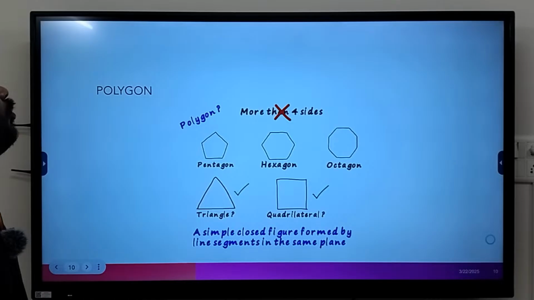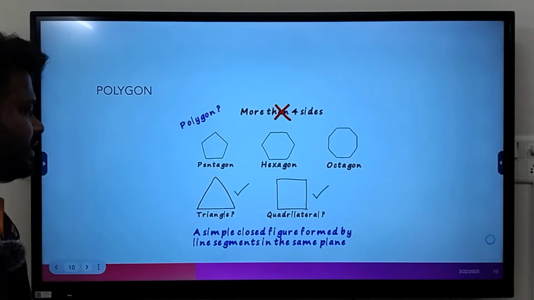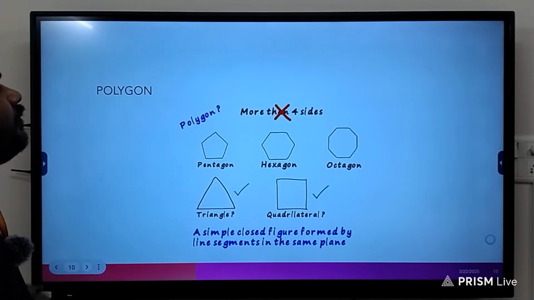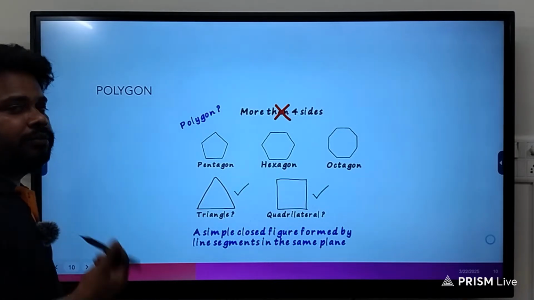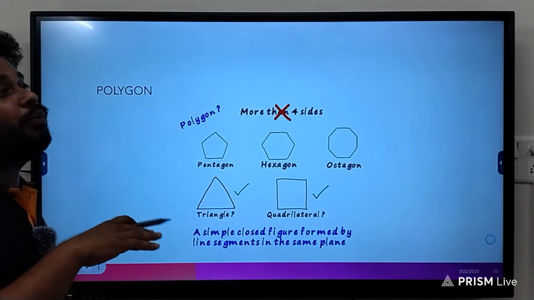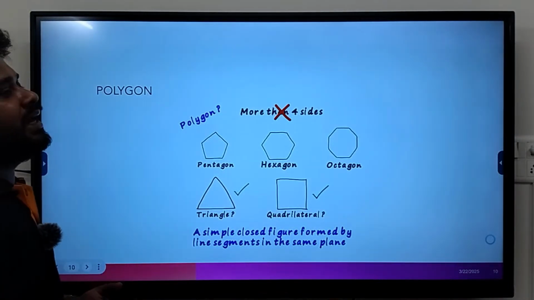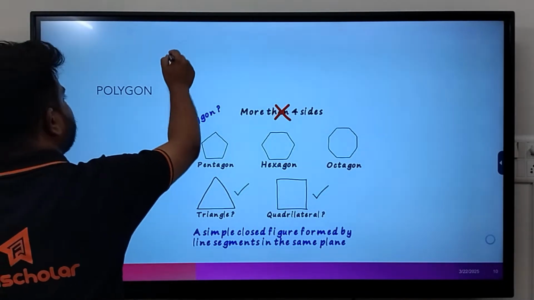Okay, I am talking about polygon. Polygon has more than 4 sides. A simple closed figure formed by line segments in the same plane. So they are trying to say that it's not like a polygon has only a few sides. Yes, it can have so many sides if it is a closed figure like this.